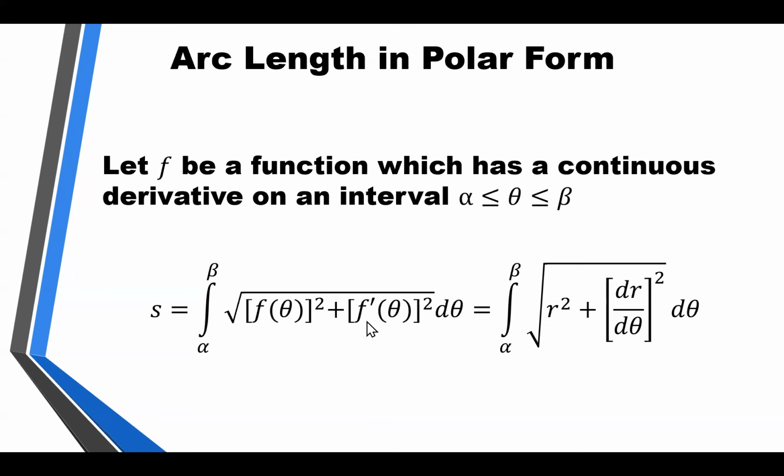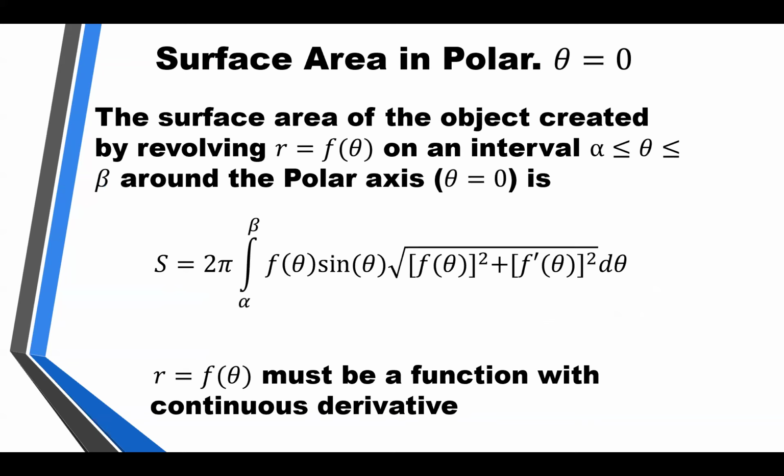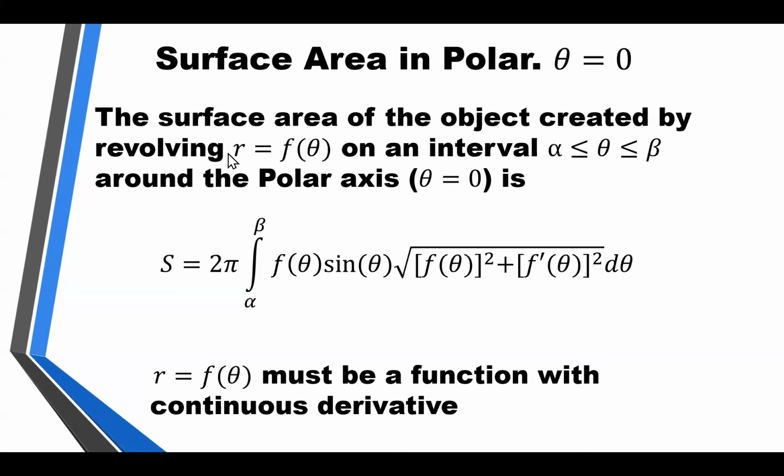Now, if we have arc length, it's a short jump going from arc length to surface area. Depending on whether I'm rotating around the polar axis or rotating around the line theta equals pi over 2, we're going to get different surface area formulas. So we're going to have this nice function, r equals a function of theta between alpha and beta.